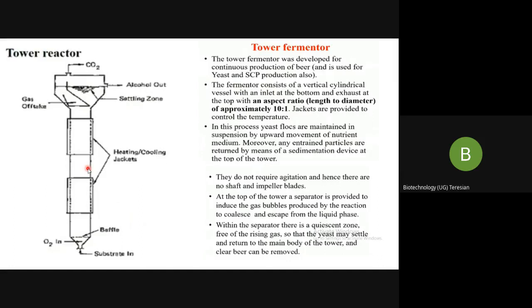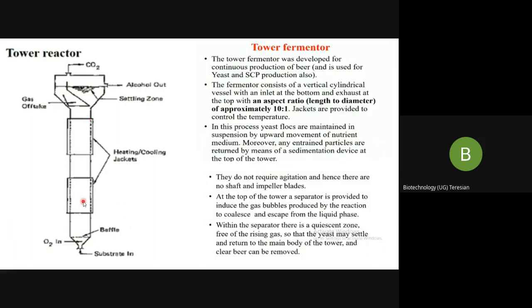In this process, what happens? Because for example, take that we are producing beer, what we require is yeast. So in this process, the yeast flocs are maintained in suspension by the upward movement of the nutrient media.